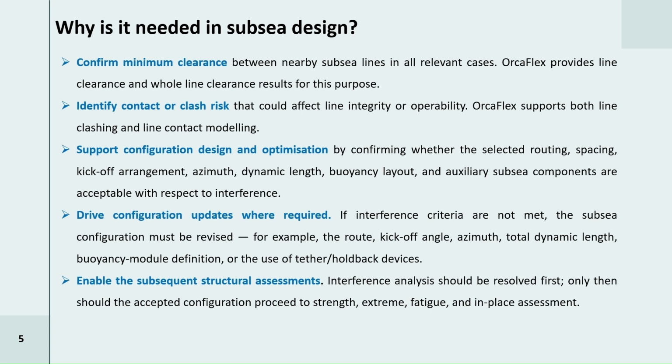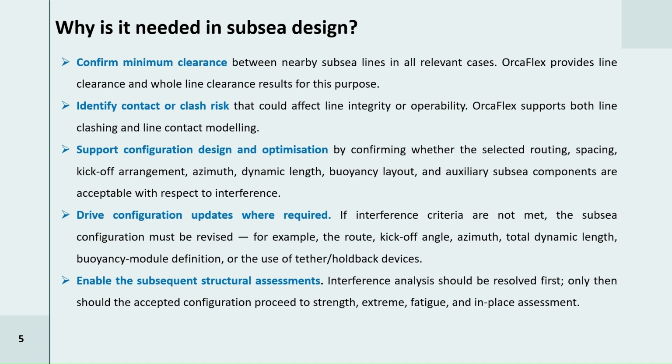If the interference criteria are not met, the subsea configuration must be updated. For example, we may need to revise the route, kickoff angle, azimuth, total dynamic length, buoyancy module definition, or the use of tether or holdback devices.